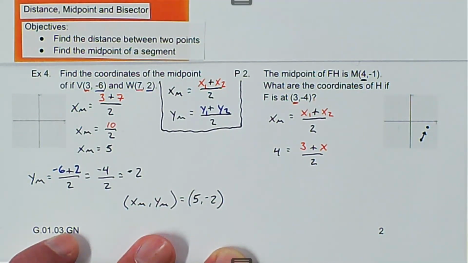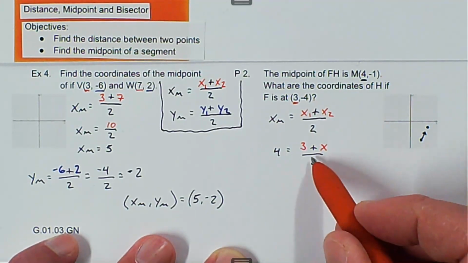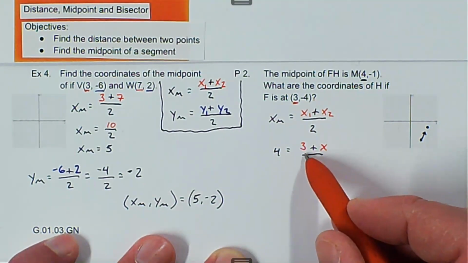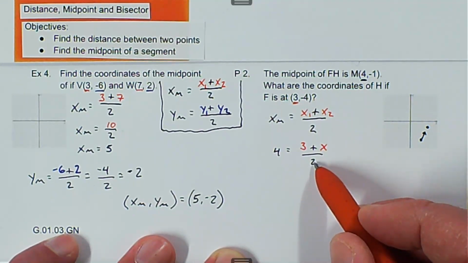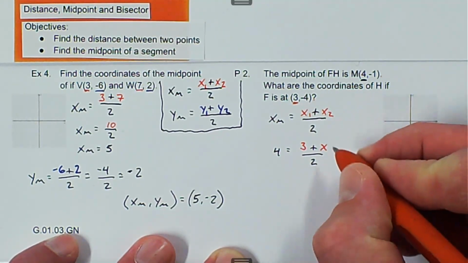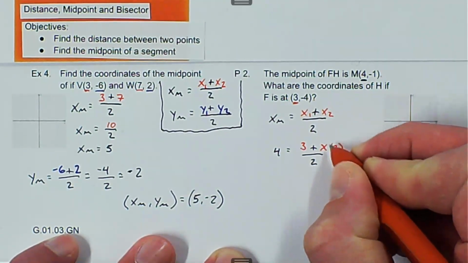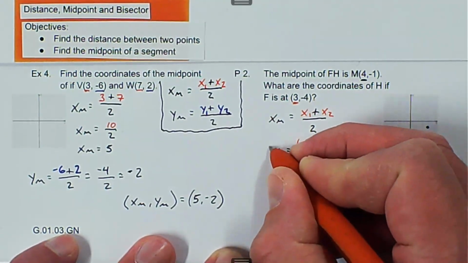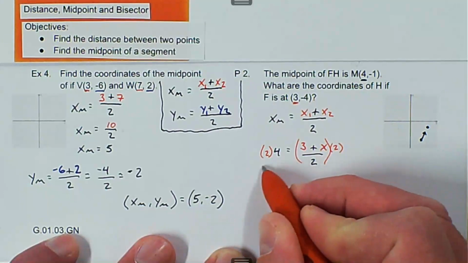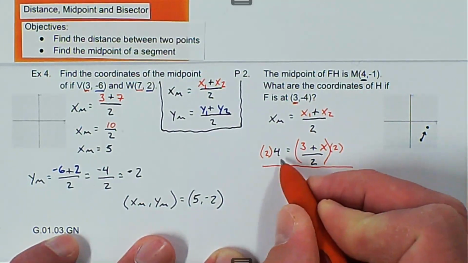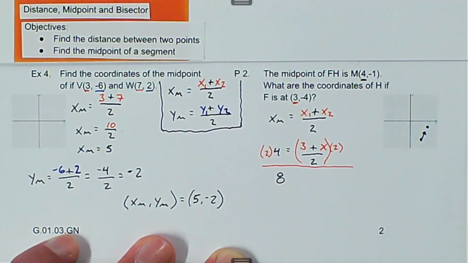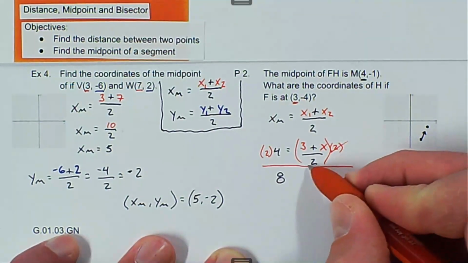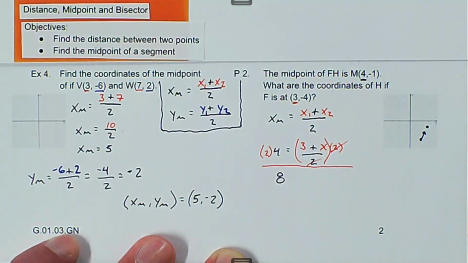Because we're dividing, and this 3 plus x is in a group, the first thing we have to do is multiply both sides of the equation by 2. And 2 times 4 is 8. The reason that we multiplied by 2 over here is so we could get those 2's to cancel.